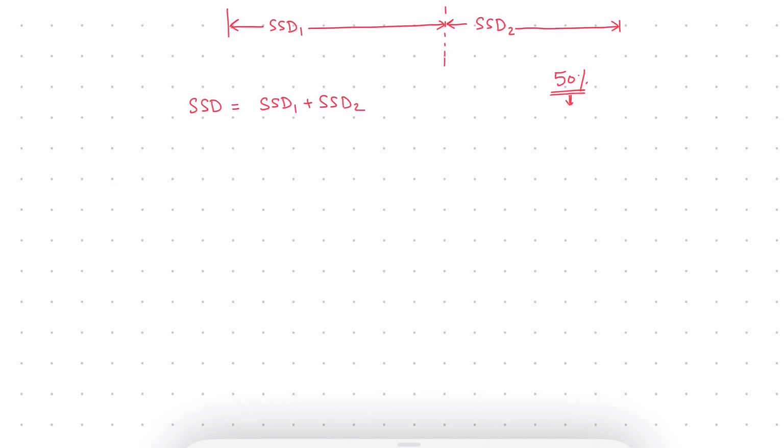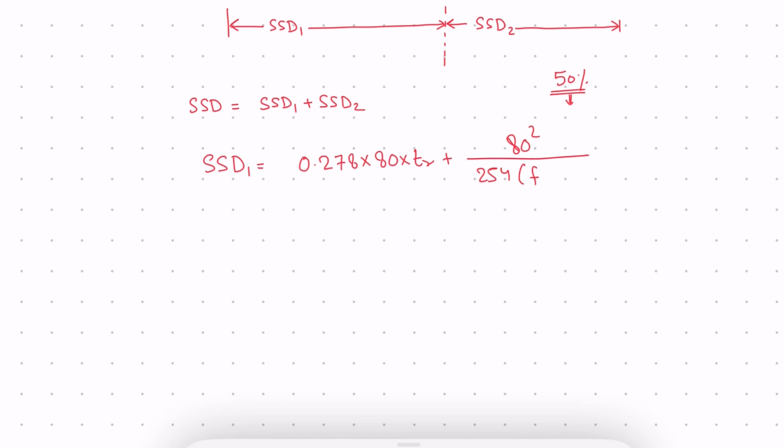Let us calculate the SSD1 of the first vehicle. It is given as 0.278, V will be 80, and TR we don't know. For the braking part, V square, 80 square, over 254 times f, and f we don't know.